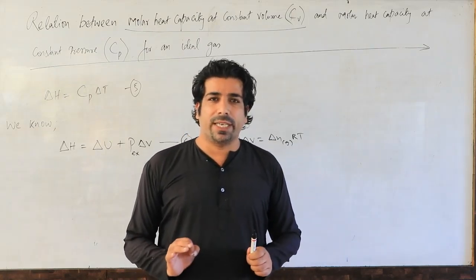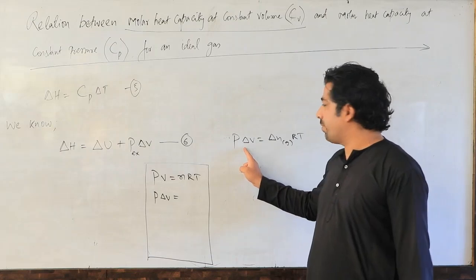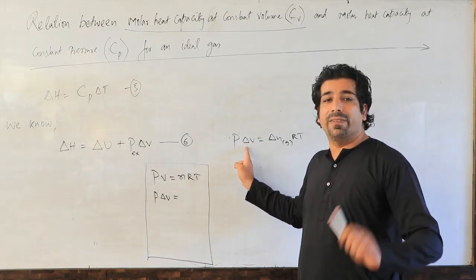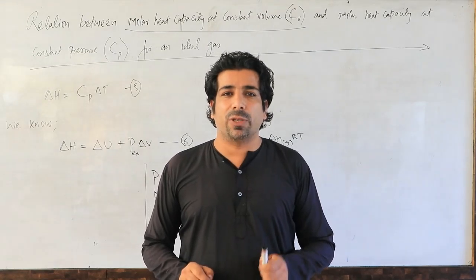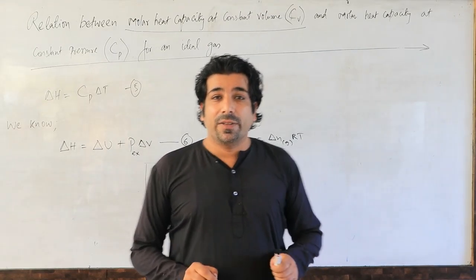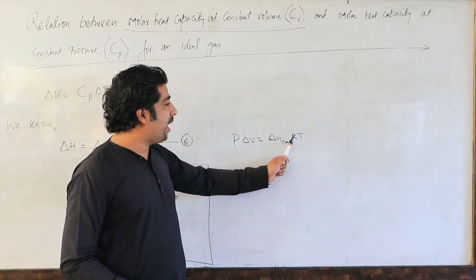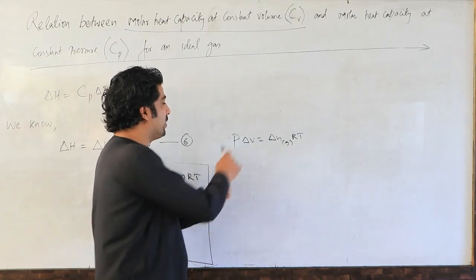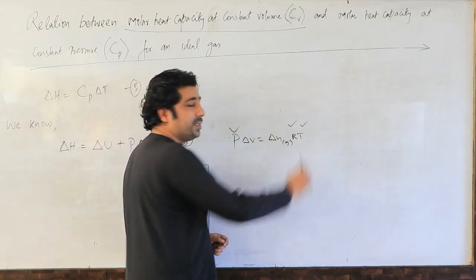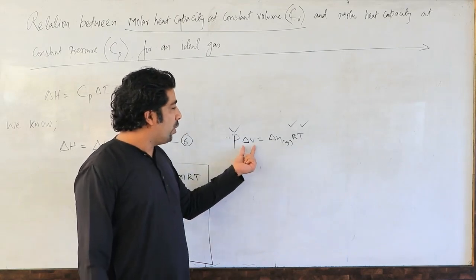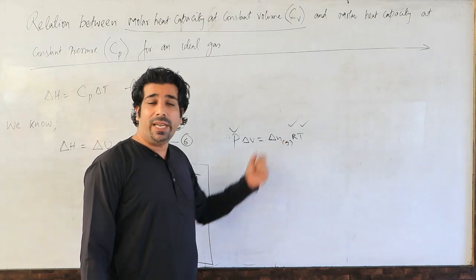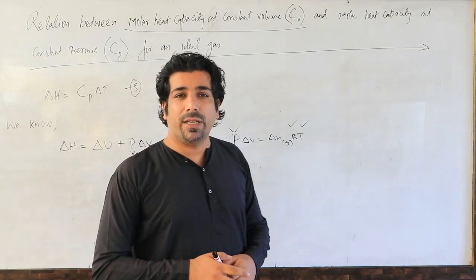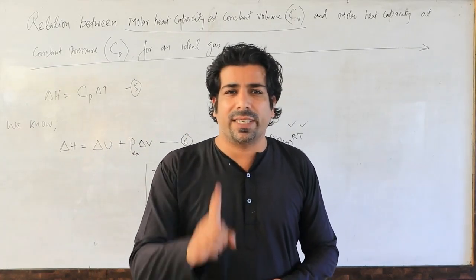Please try to understand. If I write down this expression, which I have derived in the previous classes, you will find that I derived P delta V is equal to delta n RT. That was only possible when RT and P were constant, and the value was changing with respect to the number of moles of a gas. But here, in this question, the number of moles of gas is fixed, it is 1.